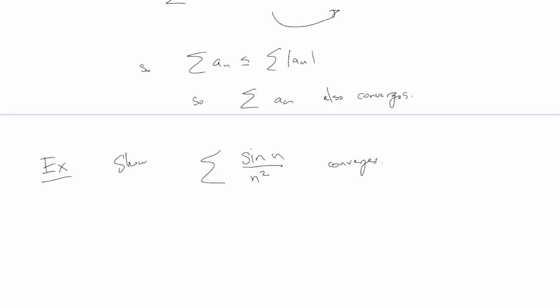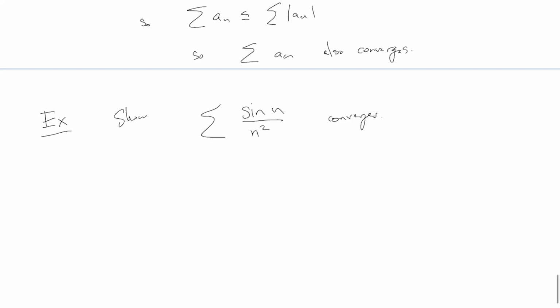The problem is this sine of n is often negative, and you can't do the comparison test when the things inside here are negative. So what makes this not just the same as one that we did last week is that you can't directly use the comparison test, since sine of n is often negative.